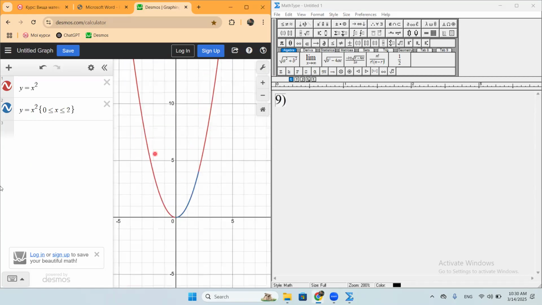Oh no, something went wrong. Ah, this. So let's draw. So we have this plane figure, rotated around the y-axis.